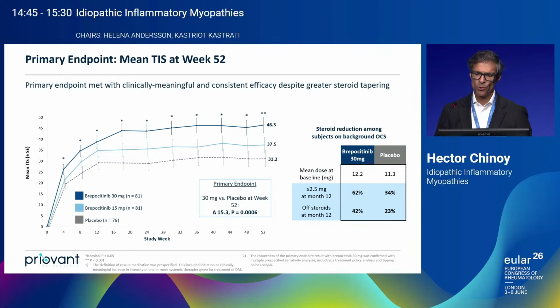So 42% of the Brepo patients managed to get off steroids at month 12 as well. So again, amazing to get a positive study, and this time this is a phase 3, so the company are now awaiting approval, hopefully for the drug.